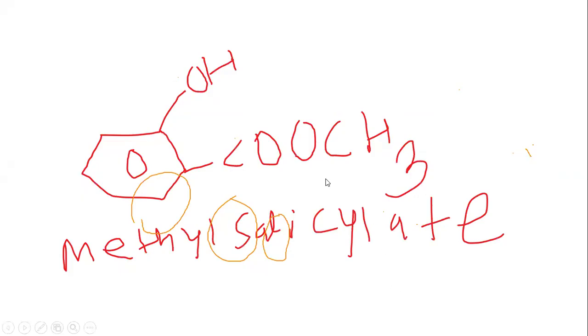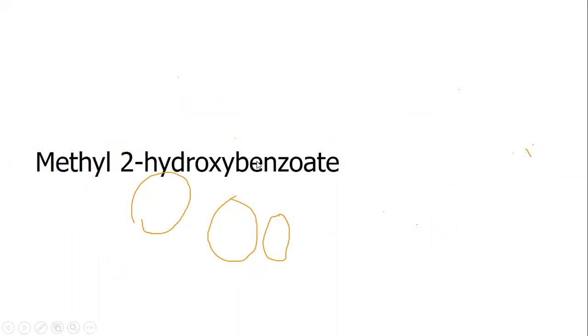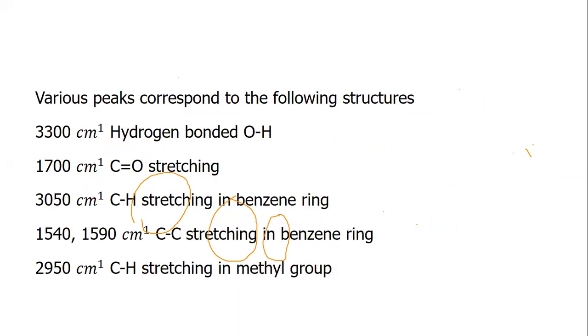Methyl salicylate, methyl 2-hydroxybenzoate. Various peaks correspond to the following structures: 3300 per cm hydrogen bonded OH, 1700 per cm C=O stretching, 3050 per cm C-H stretching in the benzene ring, 1540 and 1590 per cm carbon-carbon stretching in the benzene ring, 2950 per cm C-H stretching in the methyl group.